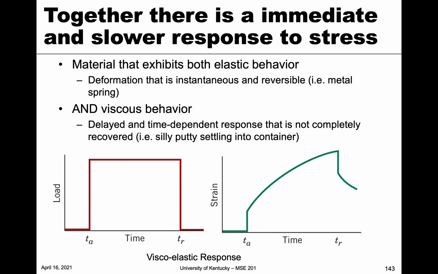So it's almost like the elastic recovery where we had plastic deformation in that case, only this is much more time dependent than the plastic deformation that we've talked about before.